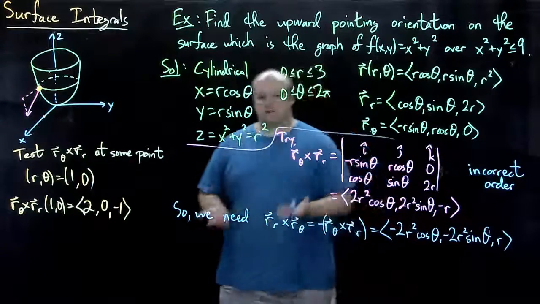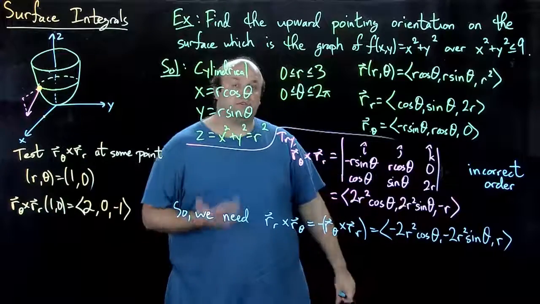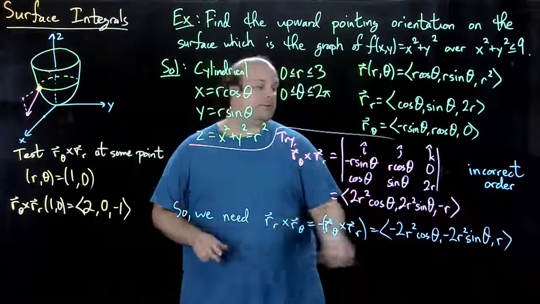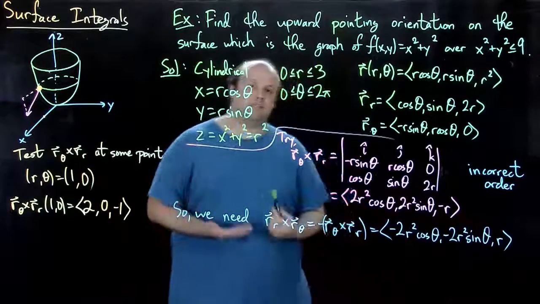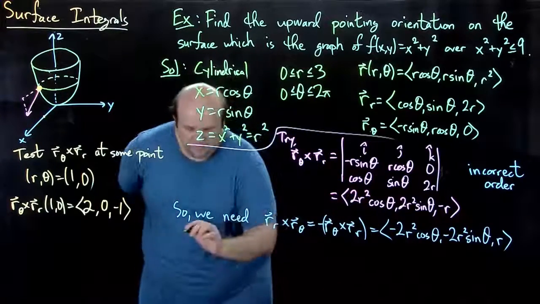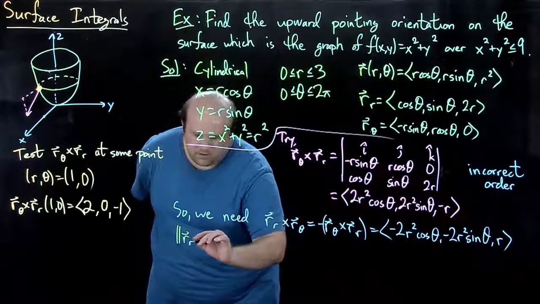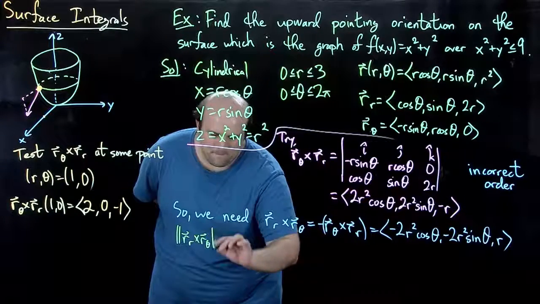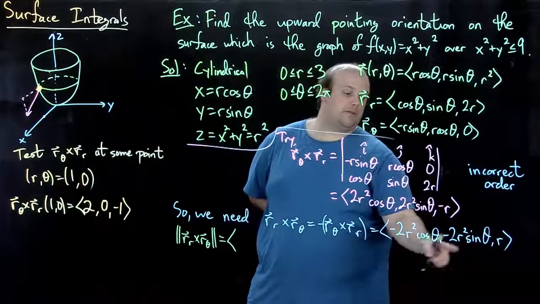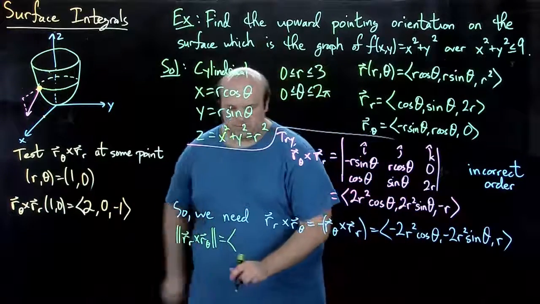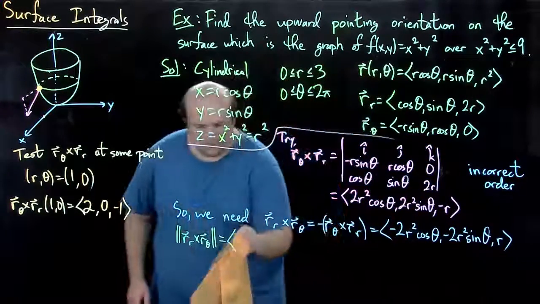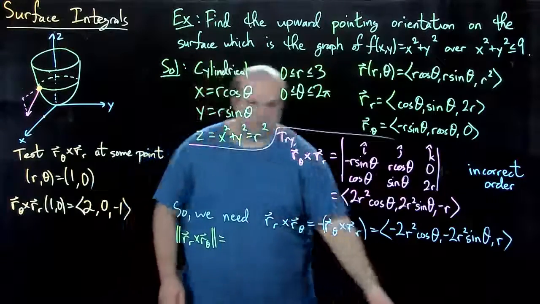Right? But we're not quite done yet because an orientation is a unit normal vector field. So we just have to take this thing, find the magnitude, and divide. So the magnitude of r_r cross r_theta. So if we square all of these and add them together, oops, this shouldn't be here. Meant to draw square root.